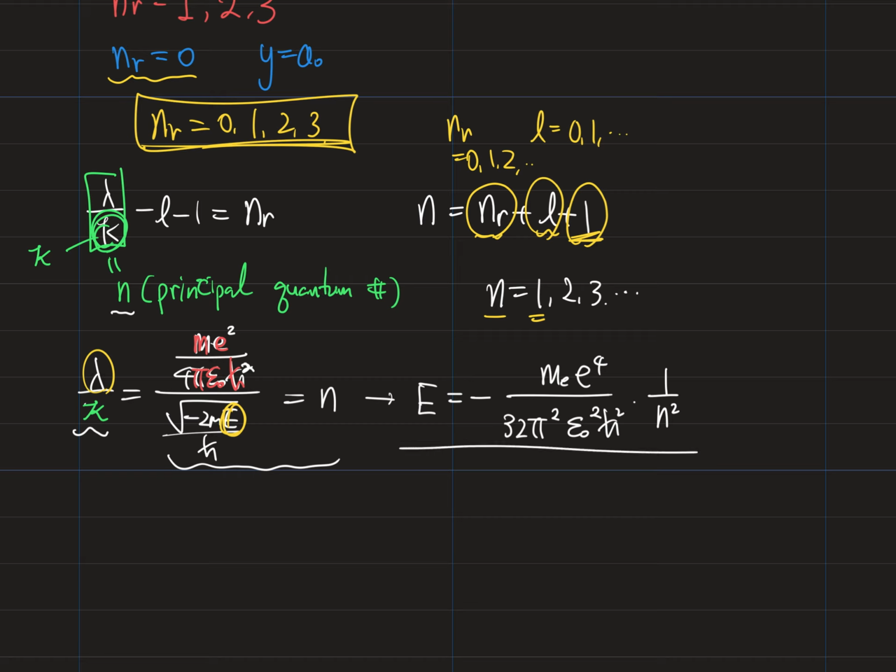So this is the exact expression that we have shown in the very first, the previous page. And this is the energy of your hydrogen atom according to the quantum number n.